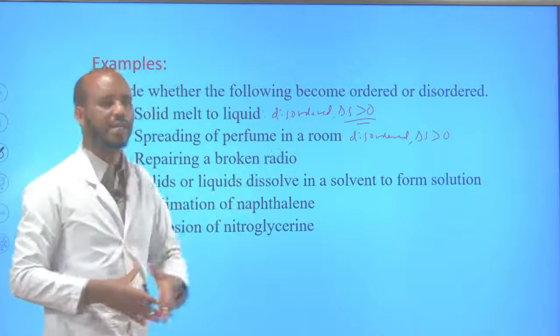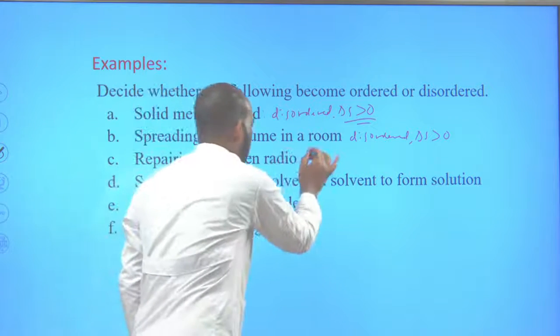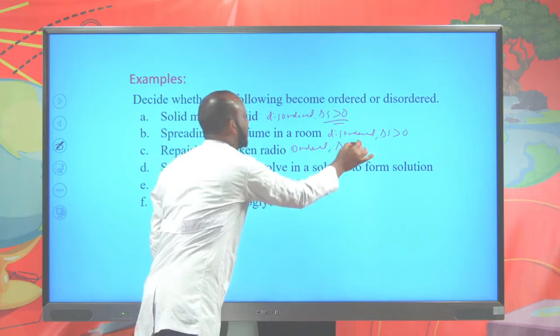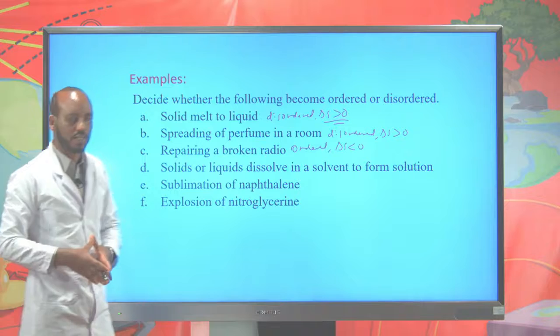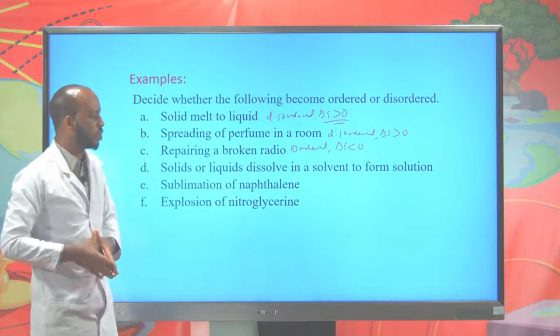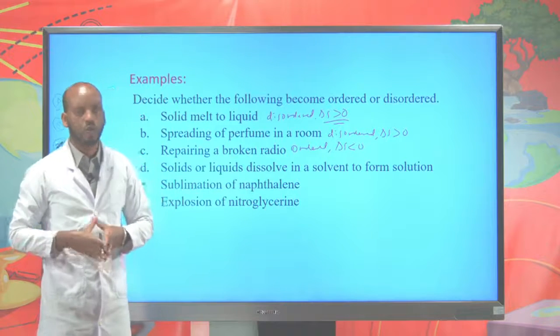Repairing a broken radio. Now this is ordered. Change in entropy delta S is less than 0. The sign of delta S is negative. Solids or liquids dissolve in a solvent to form solution. Again, this process is disordered.